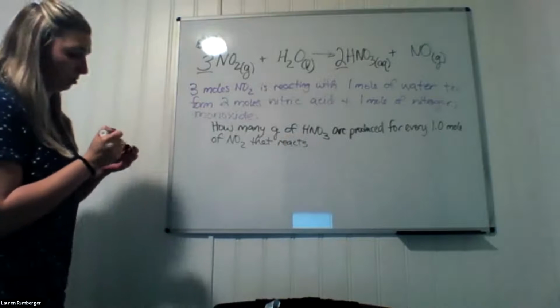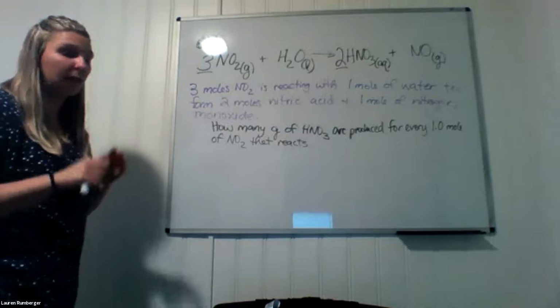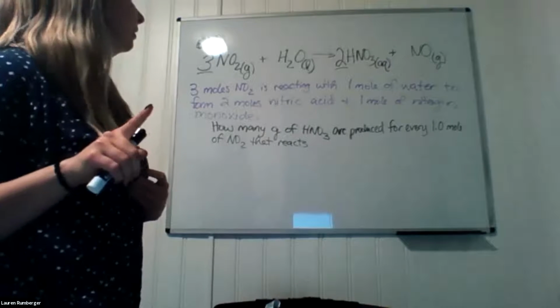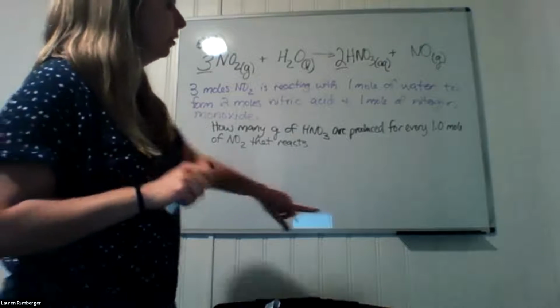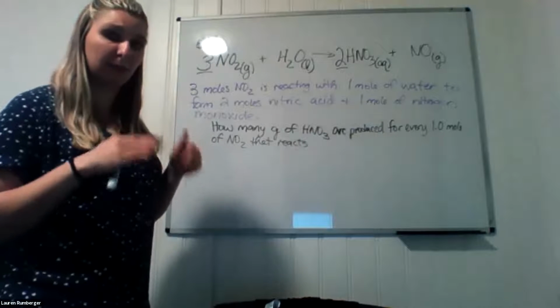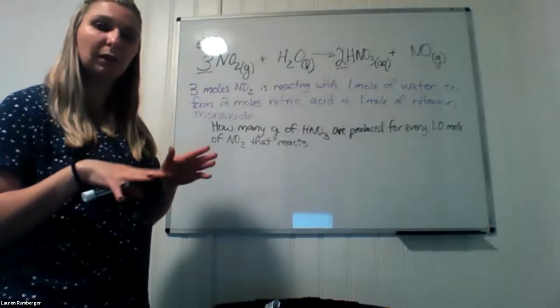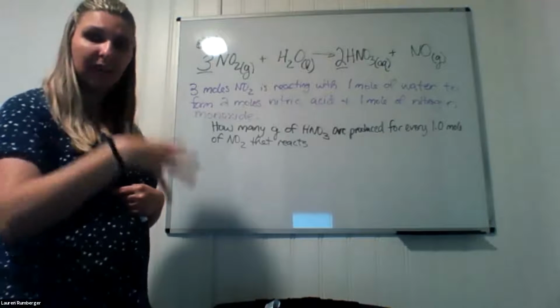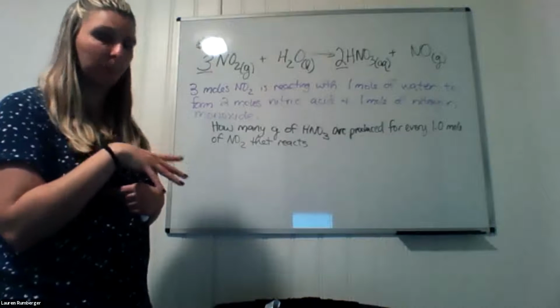Okay, so let's identify our known information. Our known information is that we have only 1 mole of nitrogen dioxide that's reacting, okay? Because we want to know just for every 1 mole that reacts, how much is being formed.